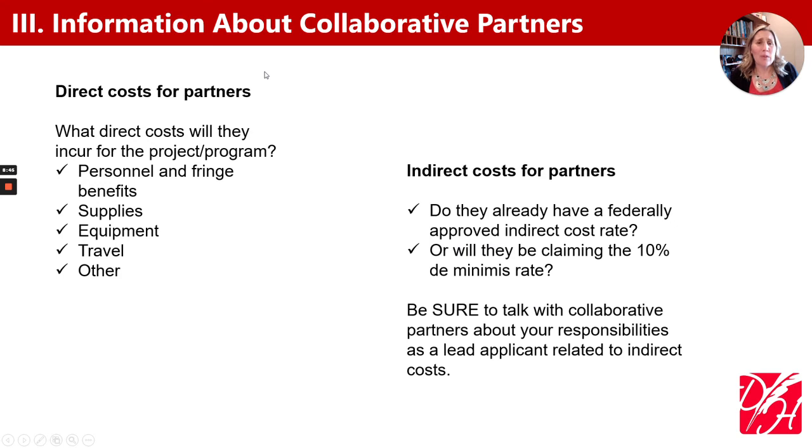When we think about those costs, we want to be careful to not have either partner in a collaborative situation underestimate what the costs are for the contributions they're making to a project or program. The direct costs that we might see occurring within a collaboration, well, these might be the staff and their related benefits cost that are directly working in a community or with the clients or the patients, etc. There may be some supplies or perhaps some equipment that needs to be purchased.